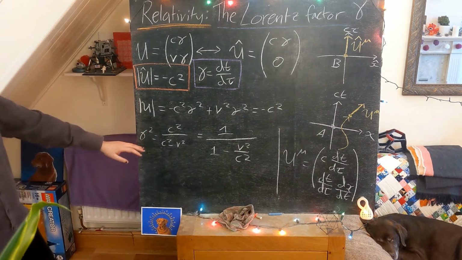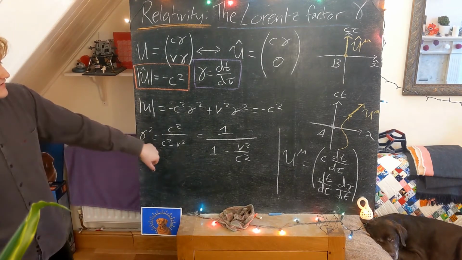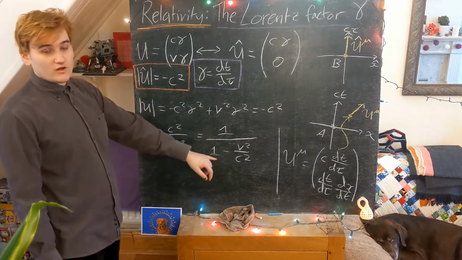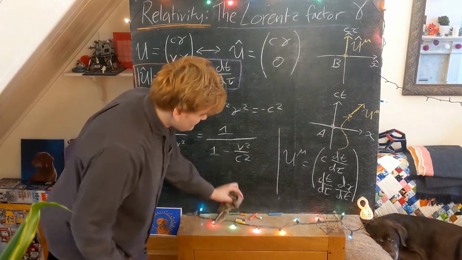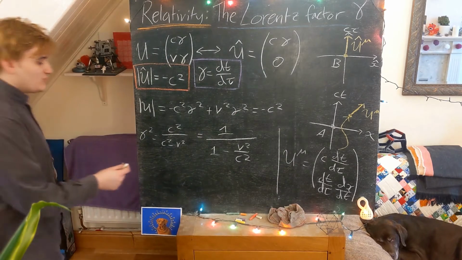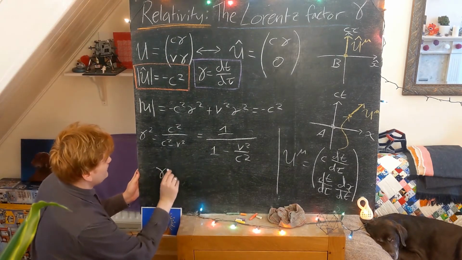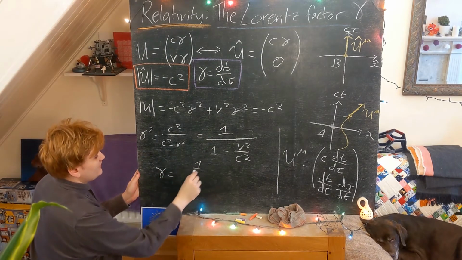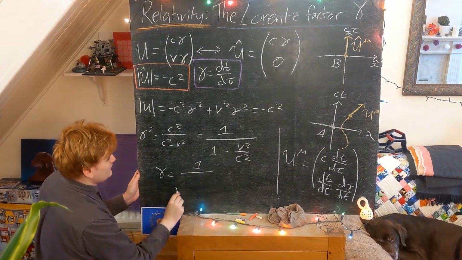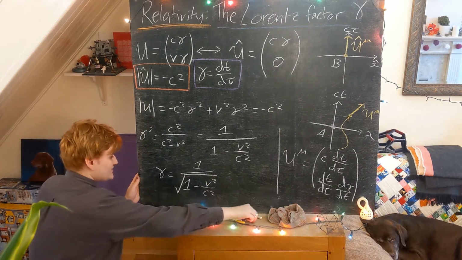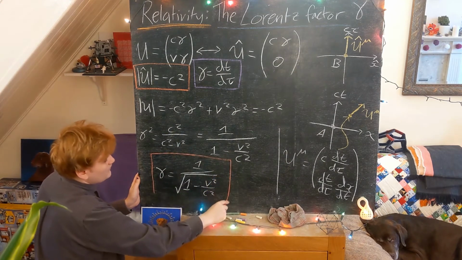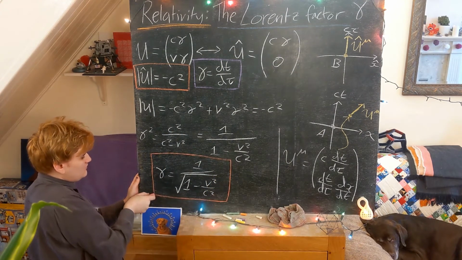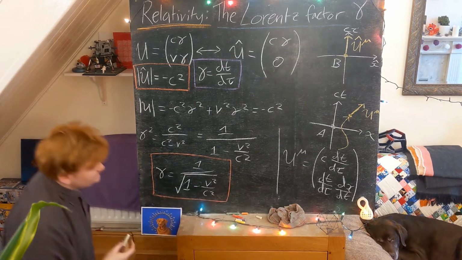So I've arrived at the following expression, that gamma squared is 1 over 1 minus v squared over c squared. And now to give it its more traditional appearance, we usually see it with the square root, like this. And this is now how you usually see the Lorentz factor presented.